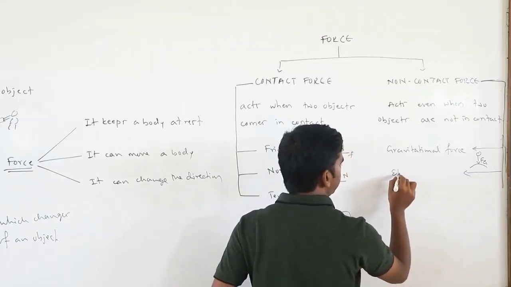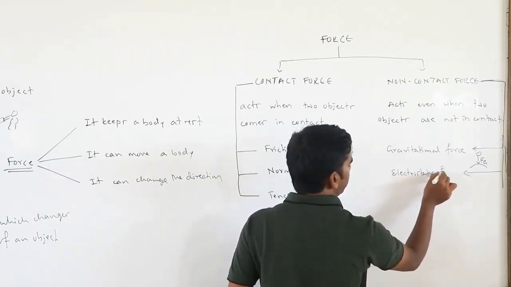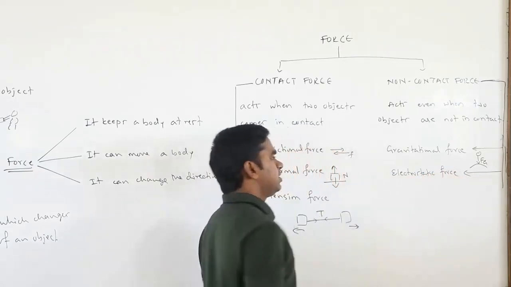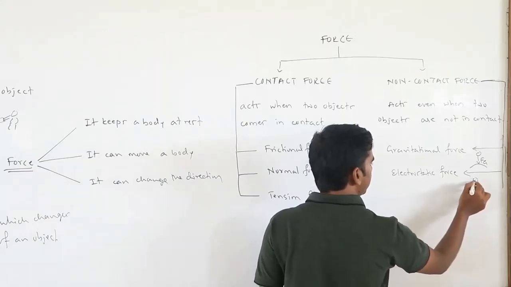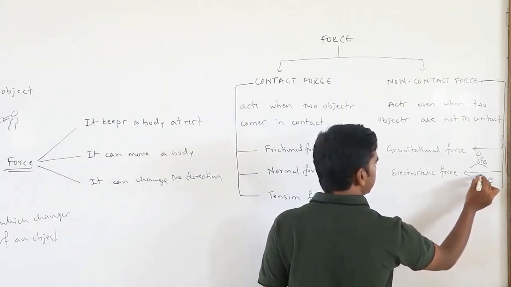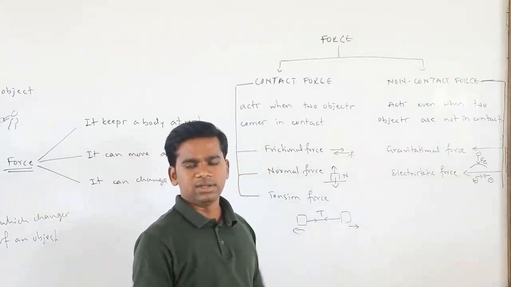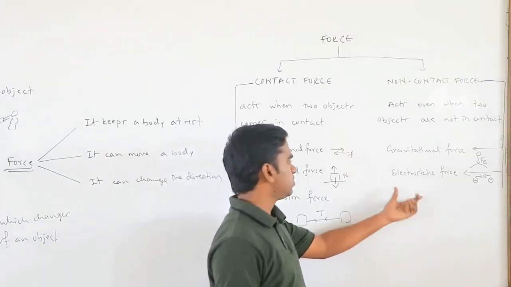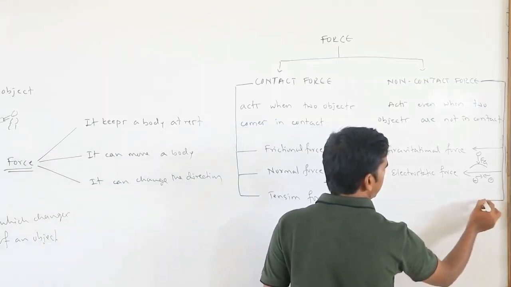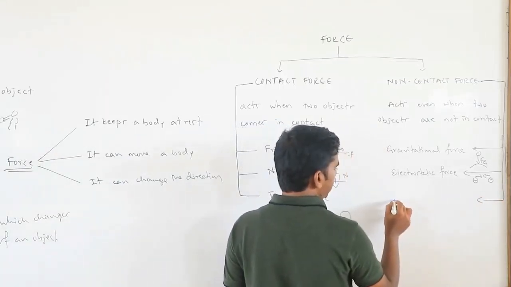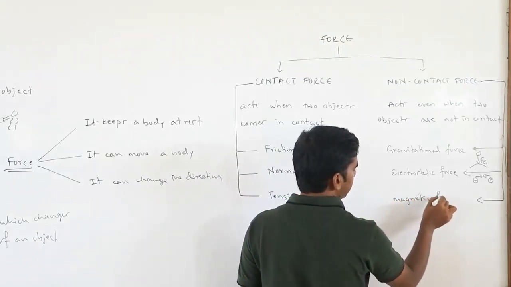Similarly, electrostatic force. So what will electrostatic force do? If there are two charges, there is a force. If positive charge and negative charge, they will attract. Even though they are at a distance, there is still a force between them. That is what we call electrostatic force. Similarly, one more I will take, that is electromagnetic force, or simply magnetic force.